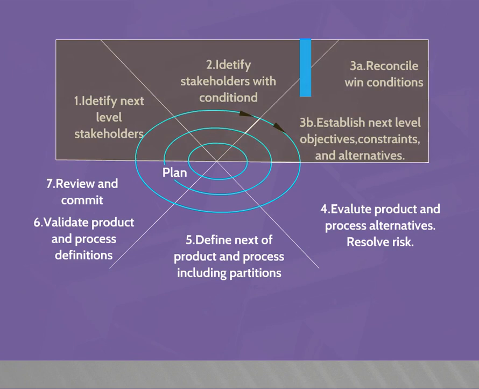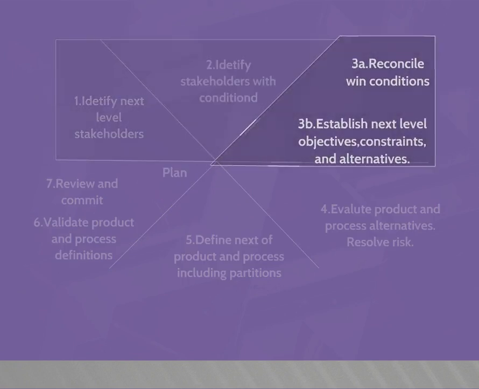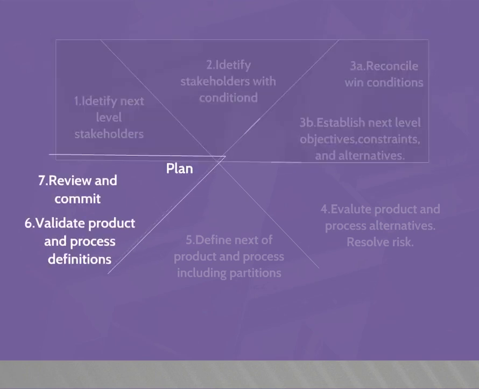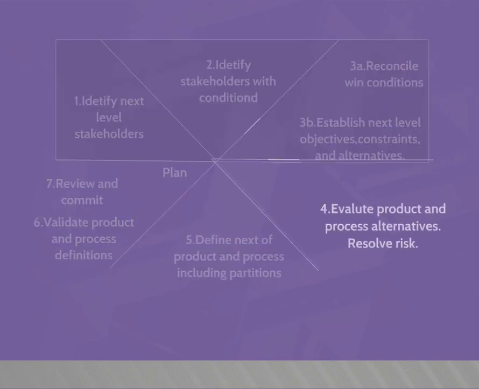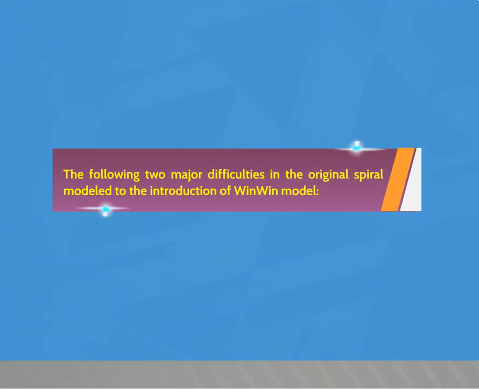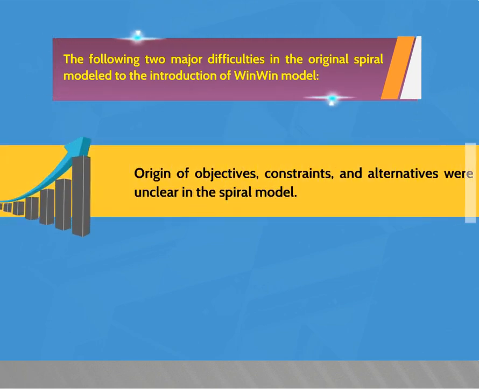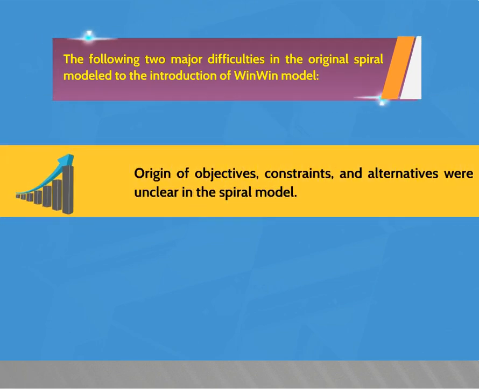The shaded areas in the figure indicate where the objectives, constraints, and alternatives come from during a project. The non-shaded areas in the figure are in the original spiral model. The following two major difficulties in the original spiral model led to the introduction of the win-win model. The origin of objectives, constraints, and alternatives was unclear in the spiral model.